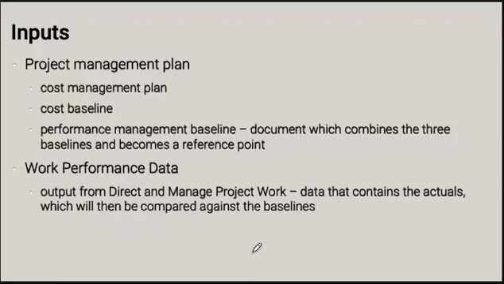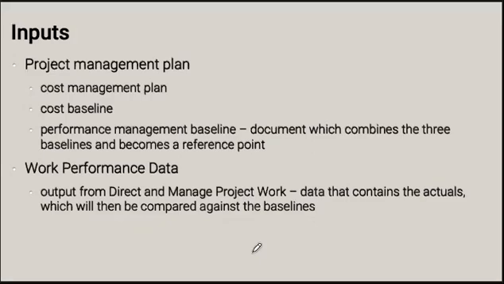The cost baseline is made up of the budget and the contingency reserves. This is what we're going to be comparing the project performance against. The management plan should tell us how often we should do this comparison, when, and how. The work performance data is the output from the directing and managing project work process.